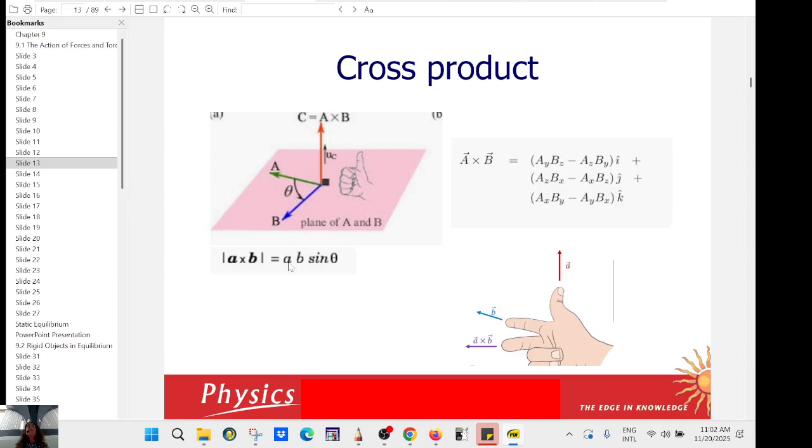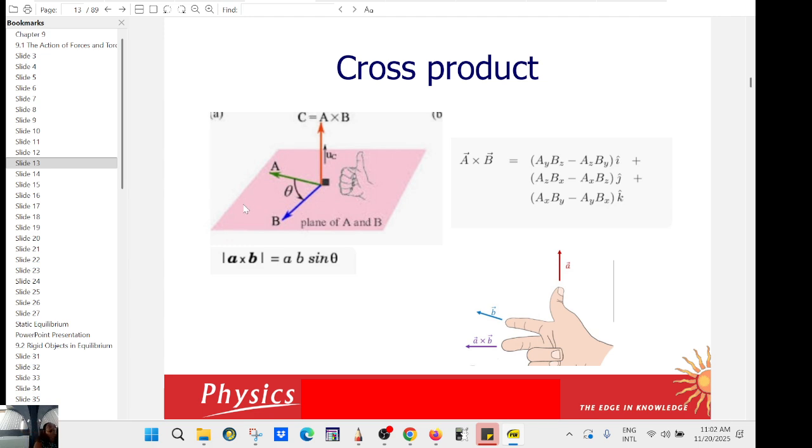The magnitude will be the magnitude of A, magnitude of B, sine of the angle between A and B, which is just the area of that parallelogram here.